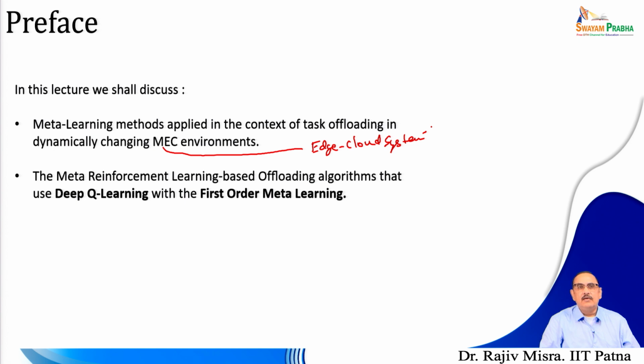So, the meta reinforcement learning based offloading algorithms that use deep Q learning with first order meta learning we will cover in this part of the discussion. Now, let us understand a bit about why these meta learning methods are important.